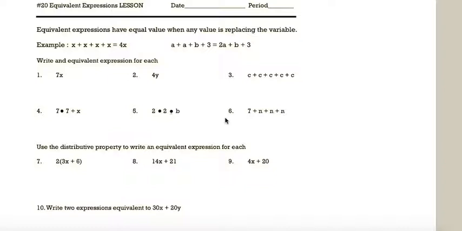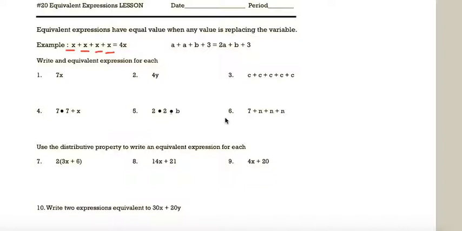If you see the example, it's x plus x plus x plus x. And how many x's do you have? 4 of them. So that's why it equals 4x. You're repeating 4 x's, adding together.